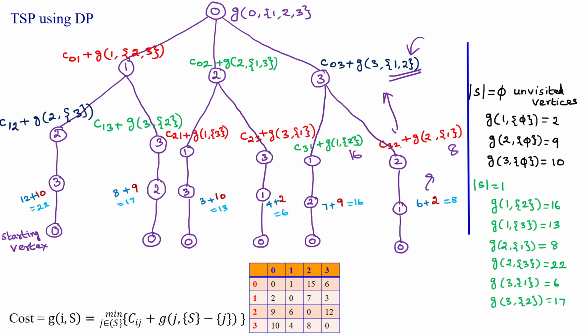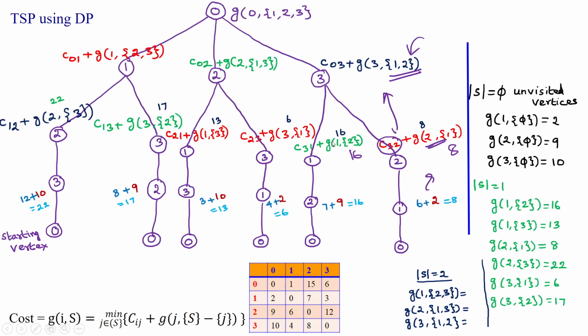You have to substitute the values of this C32 plus this value. I mentioned all the values which are drawn from the bottom, 16 here is drawn from the bottom. Like that I mentioned for all the sub problems.